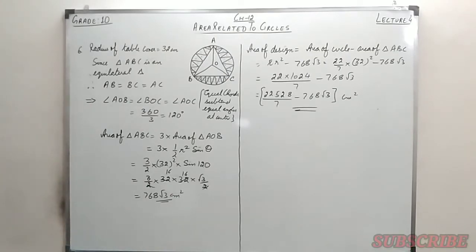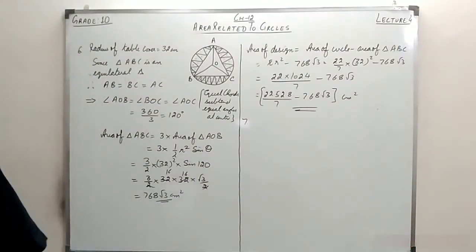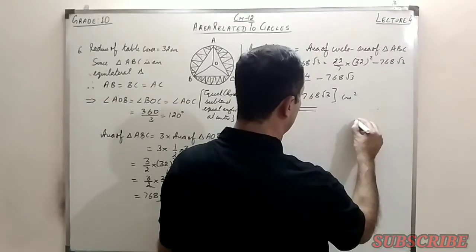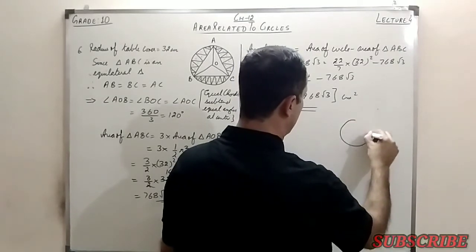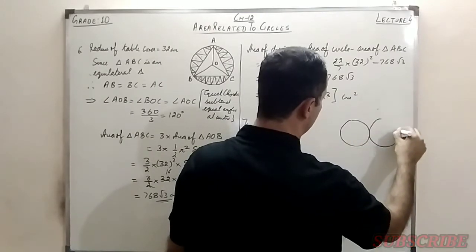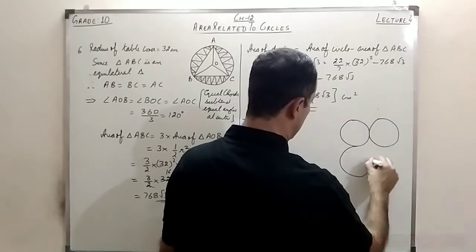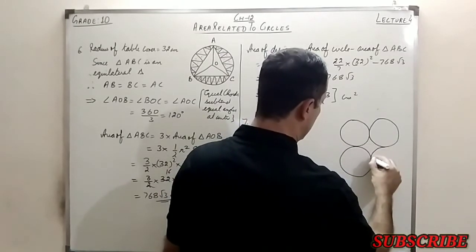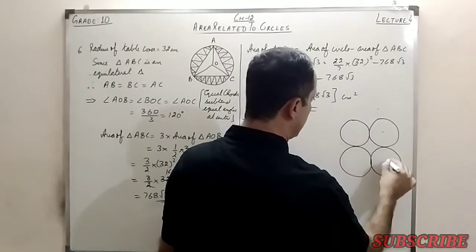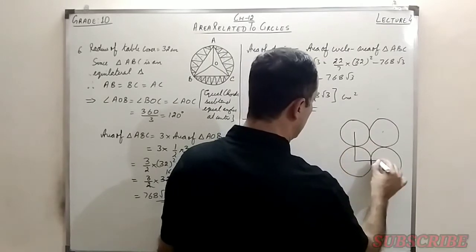Now let's go to the 7th question of this exercise. Again, a quite simple question. Now what we are given, there are 4 circles joined with each other. And the centers of these circles are joined with each other to form a square.